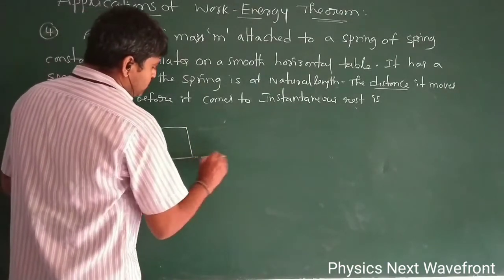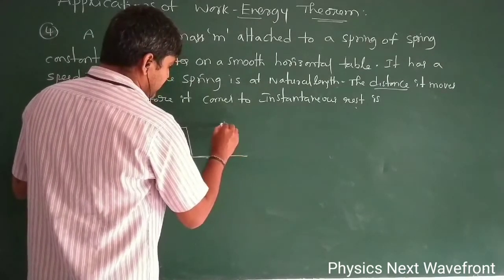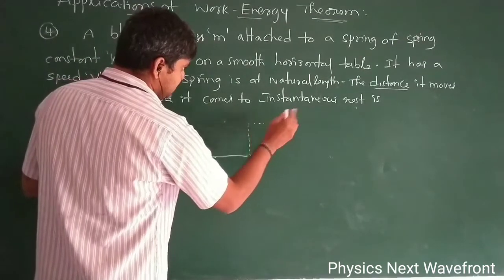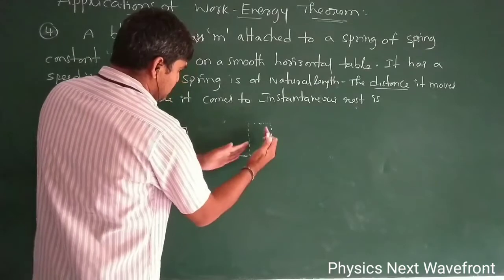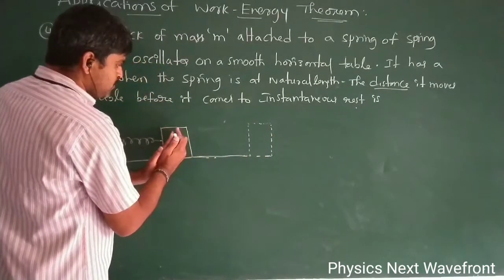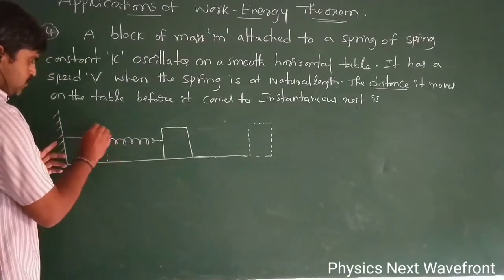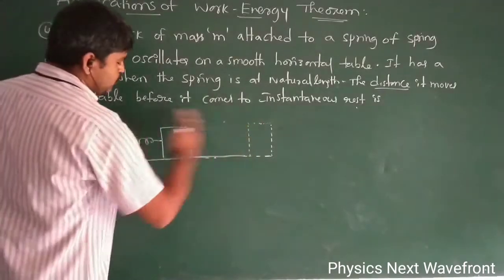Suppose this is the extreme position, this is the mean position, and on this side is one more extreme position. The block oscillates to and fro.